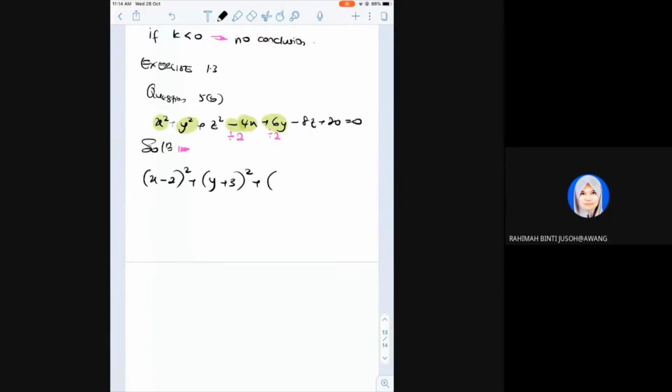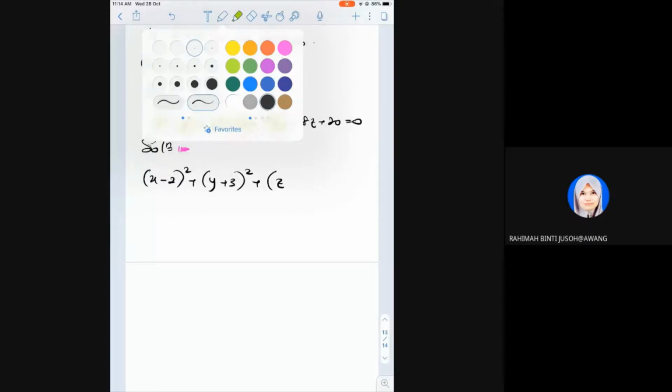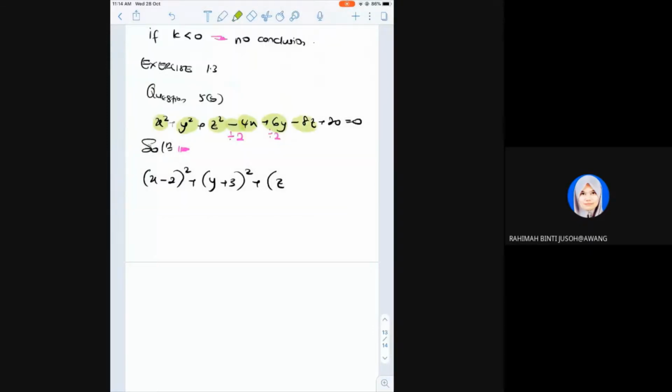And now plus, open the bracket. We put variable z now. The pair now is -8. So -8, we have to divide by 2. We will have -4 squared. Okay, and then plus 20, just copy it down here, minus, open the square bracket.